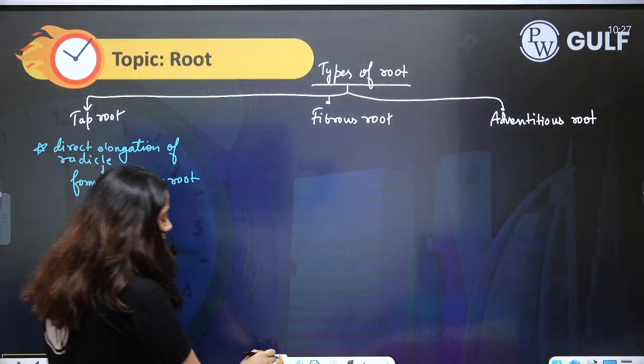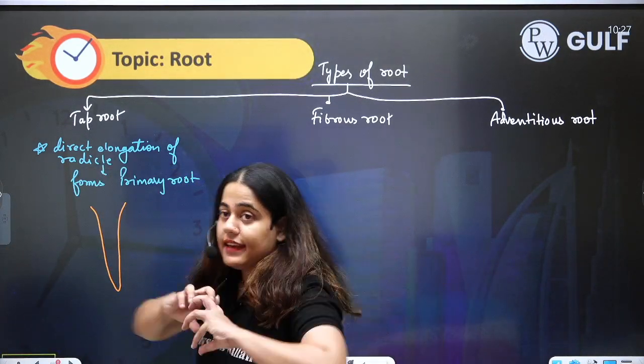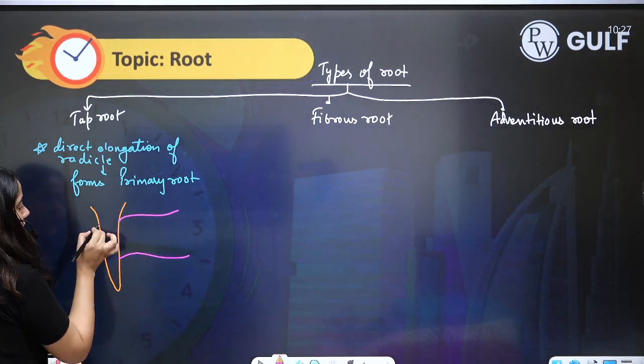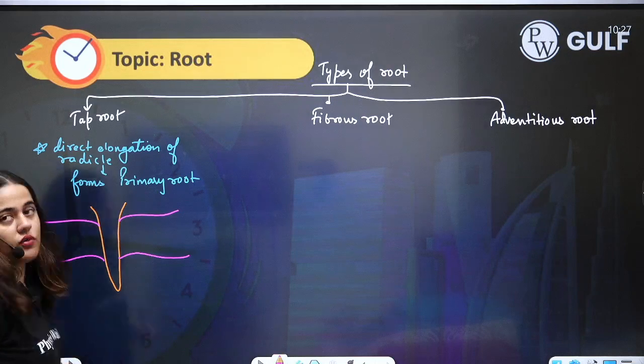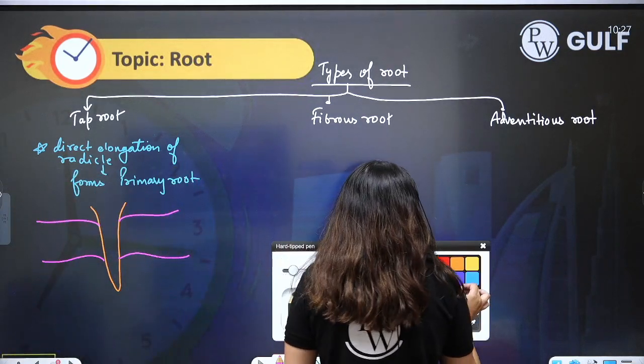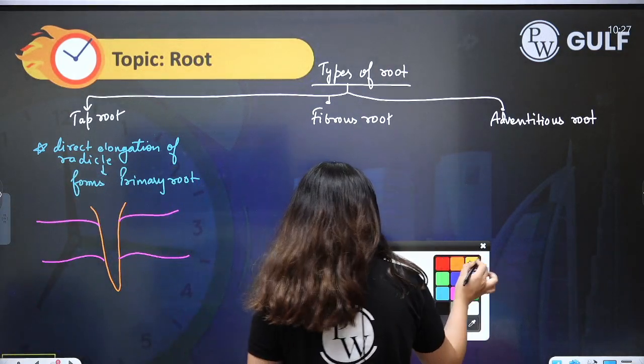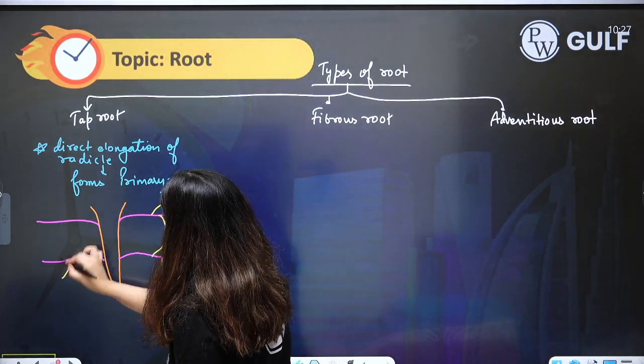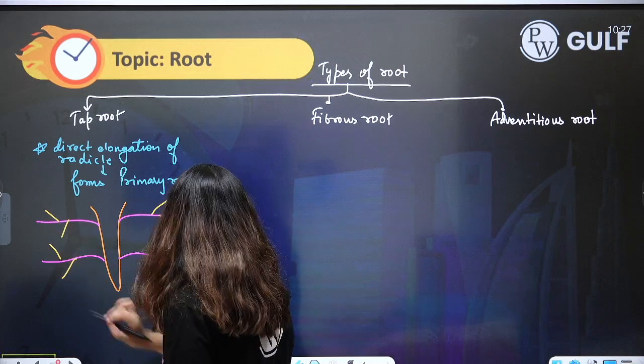And from primary root, you can see that lateral roots are arising. These are known as secondary roots or lateral roots. From these secondary roots, beta, tertiary roots arise. Right?